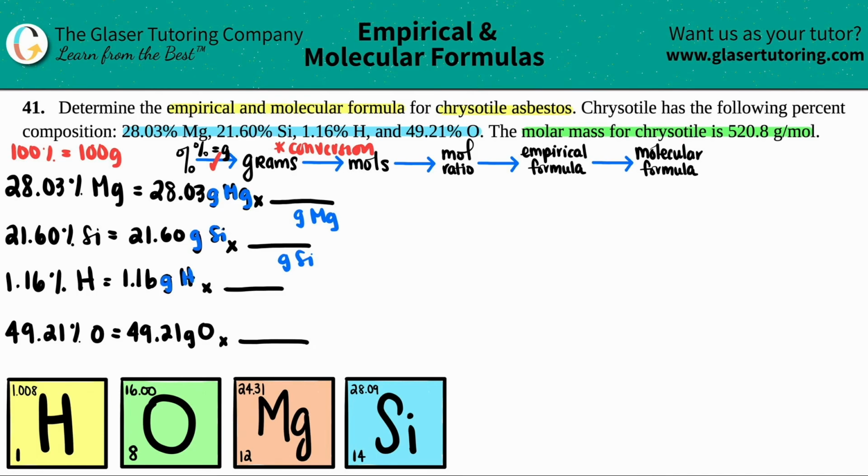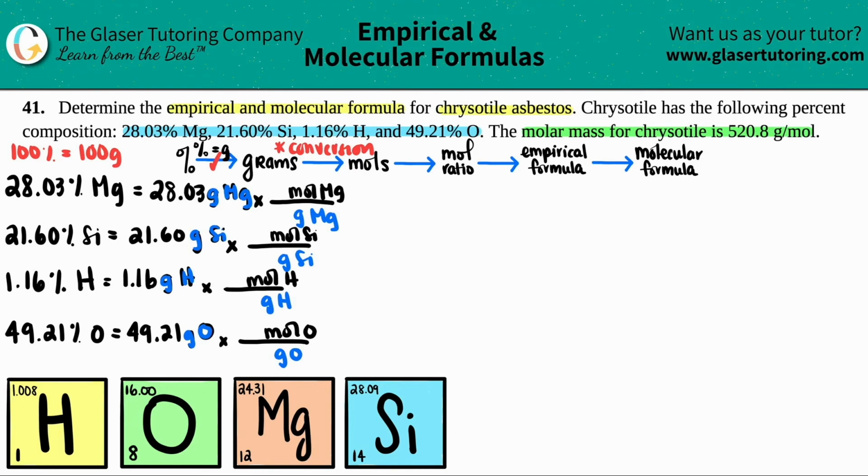Grams of hydrogen go on the bottom. And grams of oxygen, since we want to cancel all these gram values out, go on the bottom. The new unit goes on the top. I don't want grams anymore, I want to convert to moles. So mole of magnesium goes on the top, mole of silicon goes on the top, mole of hydrogen goes on the top, and mole of oxygen goes on the top.